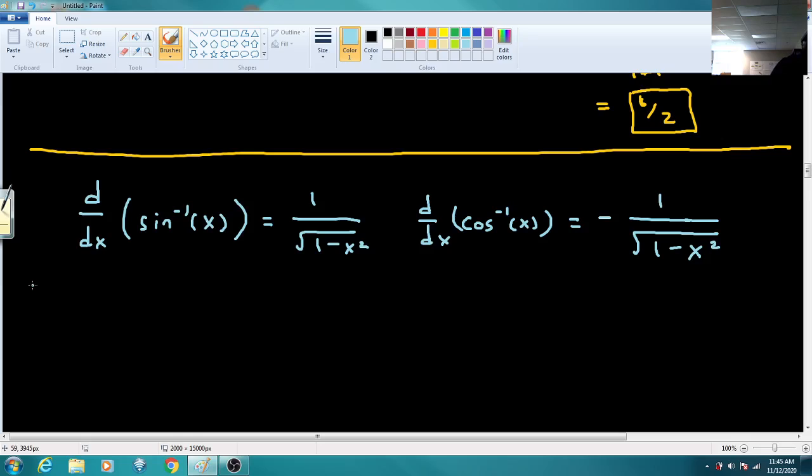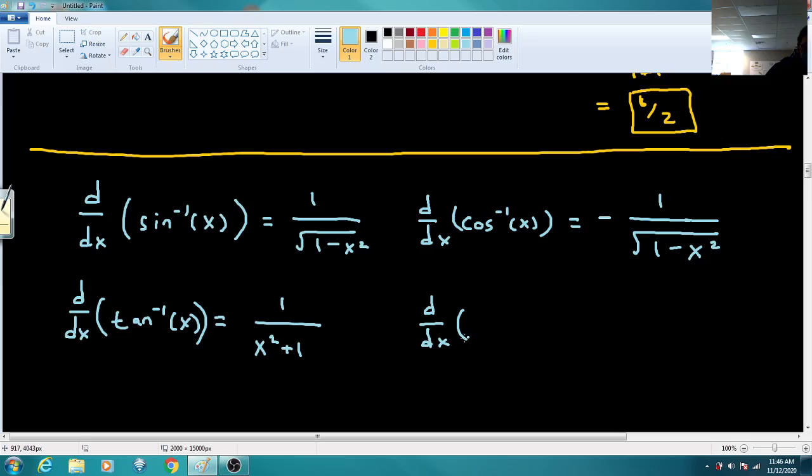Okay, so that's the first two. We need to cover tangent and cotangent. I'm sorry, arctangent. That will equal 1 over x squared plus 1. And that will equal negative 1 over x squared plus 1.